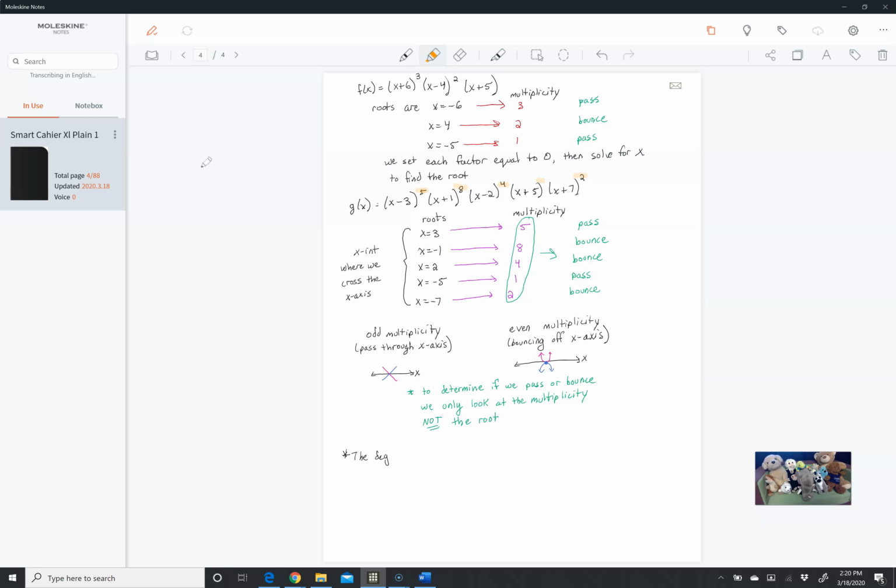and this is a common mistake that people make, so make sure that you really think about this as you graph. The degree of a polynomial in standard form is the highest power of x.